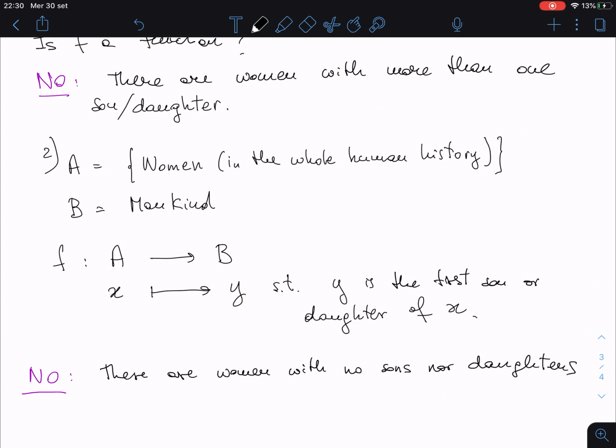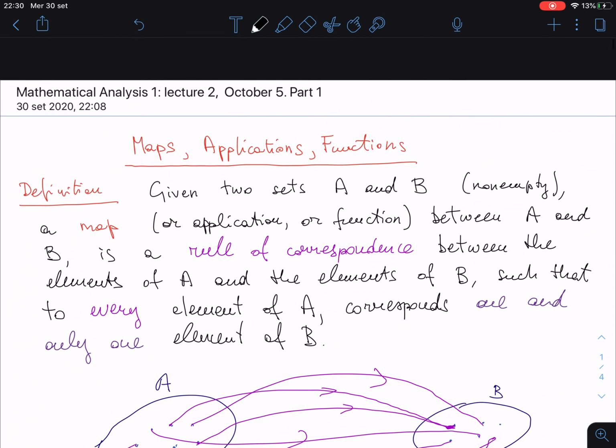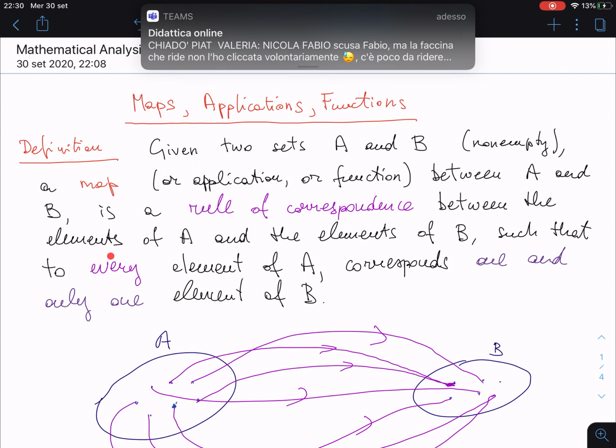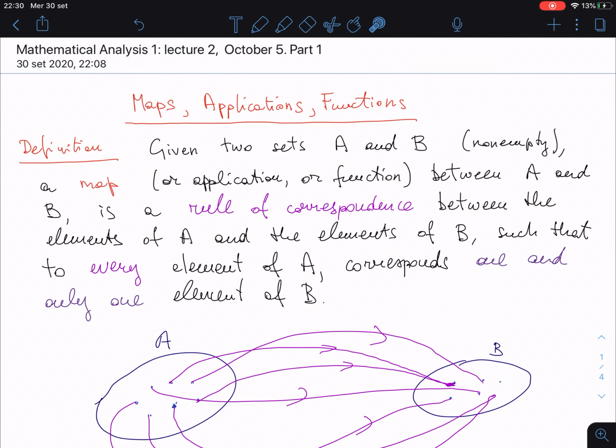It is a problem because our definition says to every element of A corresponds one and only one element of B. To every element of A. So, in this case, every element of A can only refer to women who have sons or daughters.